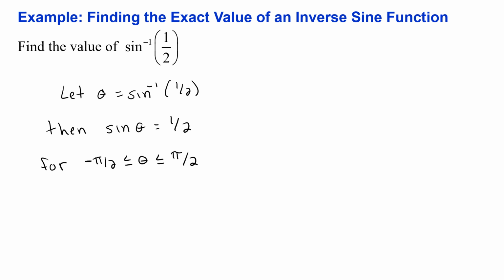Now the value of theta for which sine is 1/2 in that given interval of theta is theta equals π/6. Therefore, the inverse sine of 1/2 is equal to π/6.